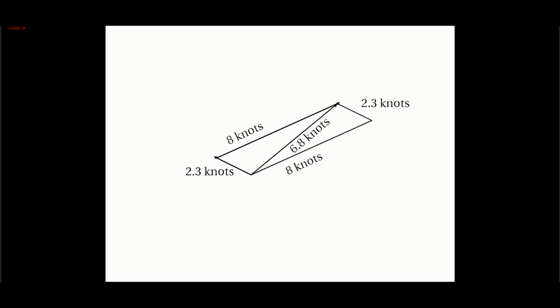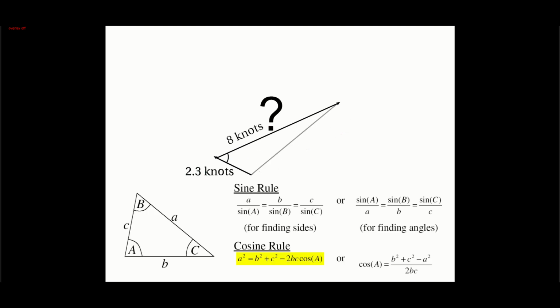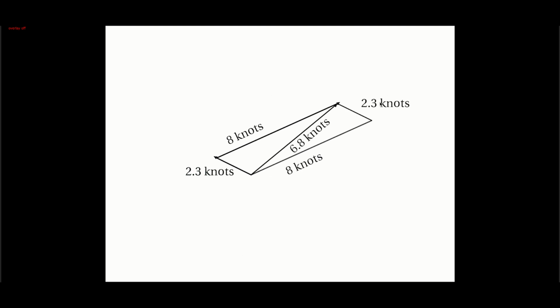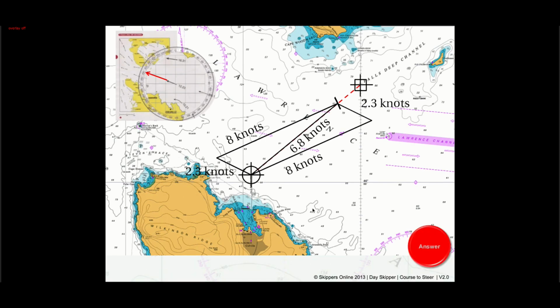So you didn't have to do any sine rule stuff. You can just draw a parallelogram, and the diagonal is there, and you can measure the angle of this and the length of this, and that will give you your vector, the heading and the magnitude, which is in knots in this case. So when we overlay this on the chart, that's exactly what we have there, and that's basically what we've done.